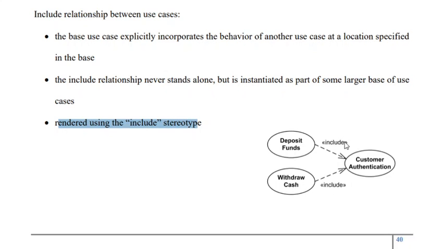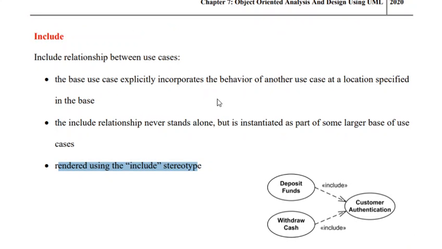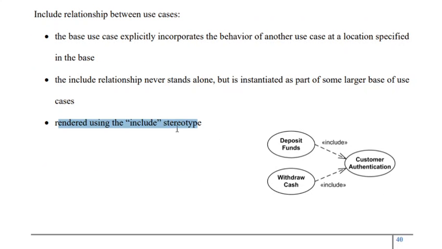So just see here, we have include stereotype that tries to explain the relationship. So include relationship is a relationship where a base case explicitly tries to incorporate the behavior of another use case, and it's rendered using include stereotype.